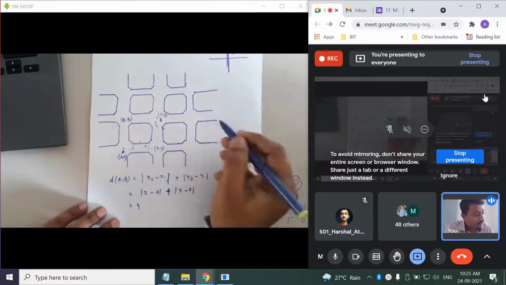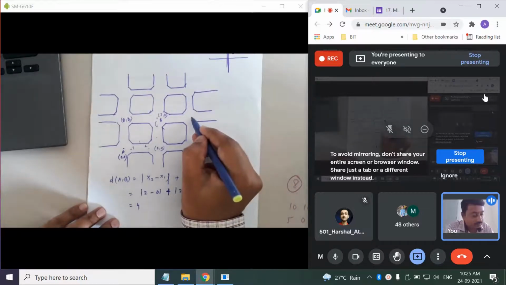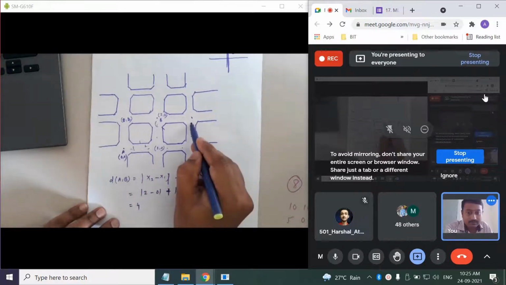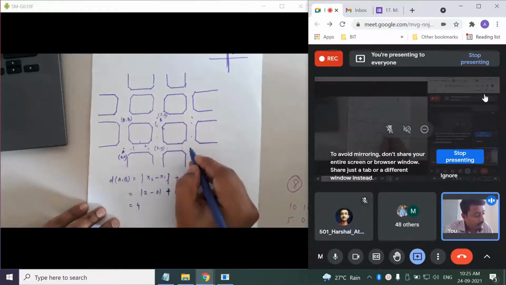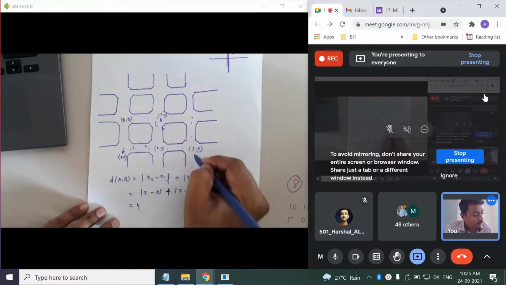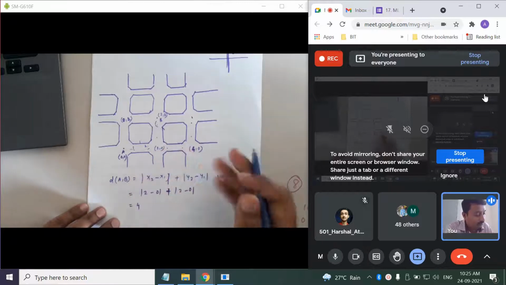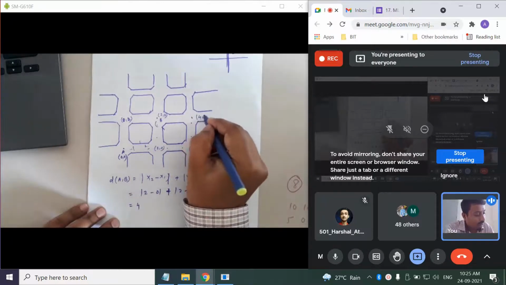Consider this point. Its distance would be 1, 2, 3, 4, 5, 6. Put it in the formula. This is 4, 0, 2 points away, and 4, 2.